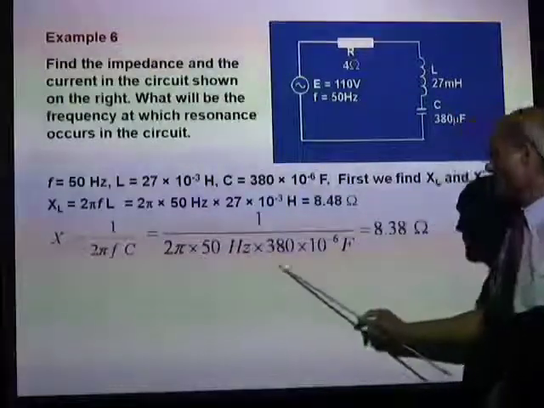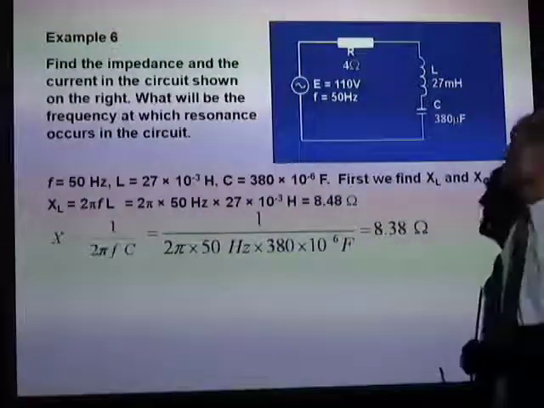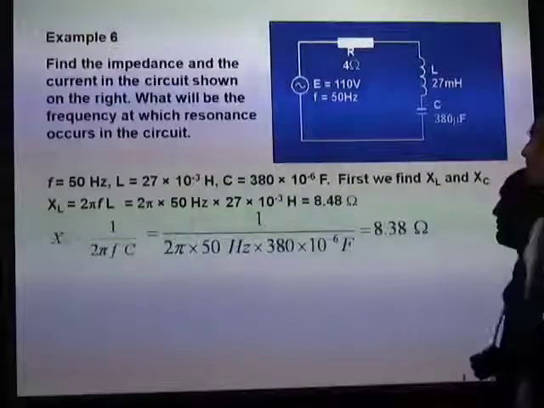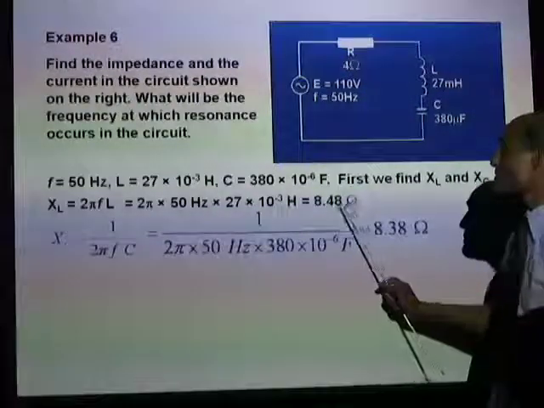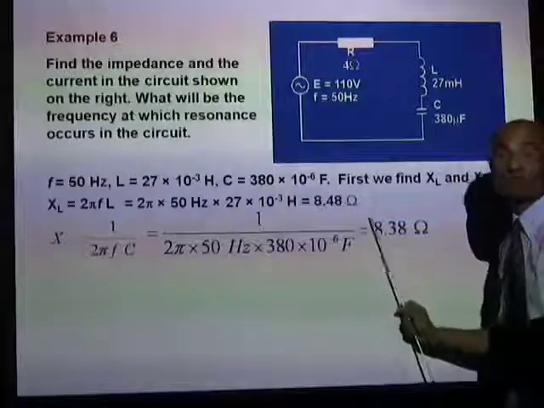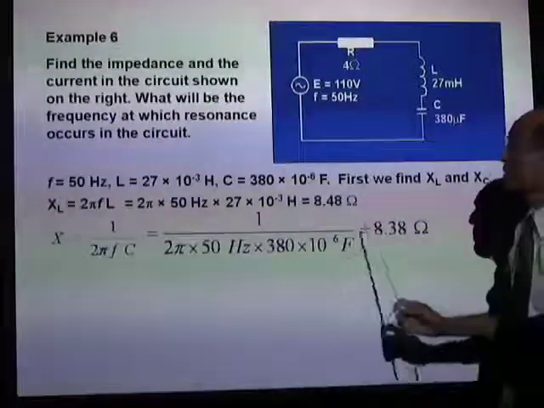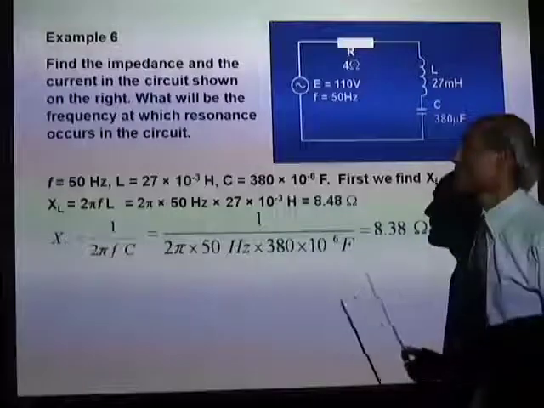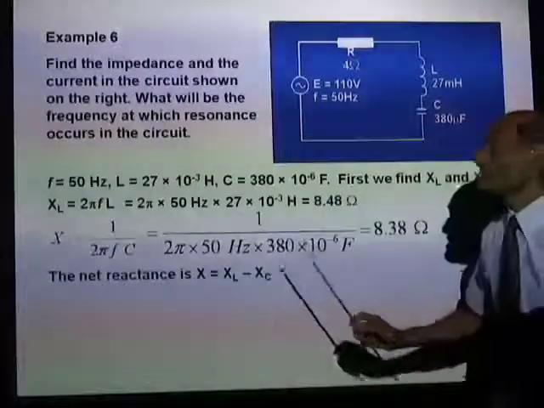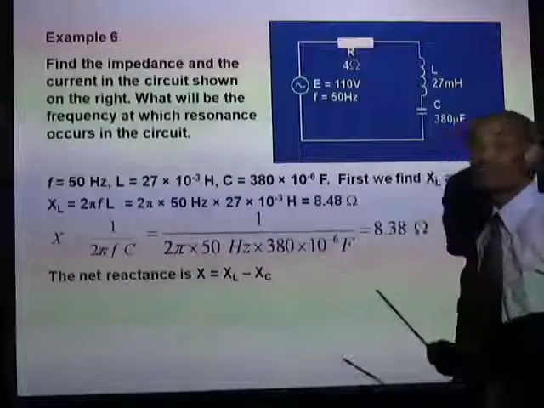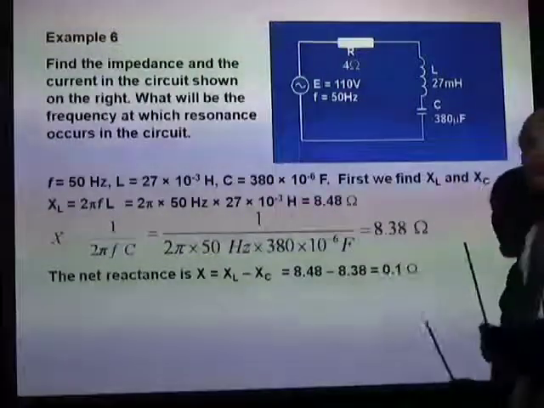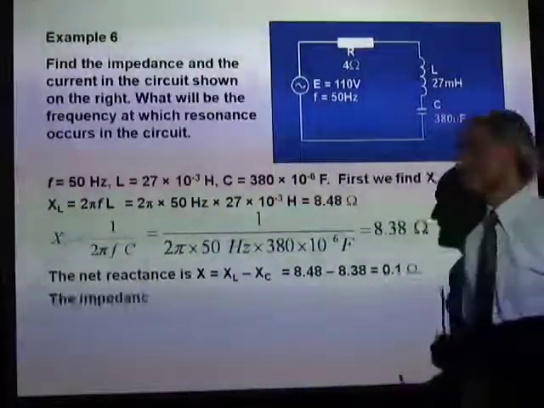Use all the given values. That will give you 8.38 ohm. Well, if you see here, it's almost a resonant circuit because the two reactances are almost equal. In other words, because they are 180 degrees out of phase, the net reactance XL minus XC is 0.1 ohm. It's a very small quantity.